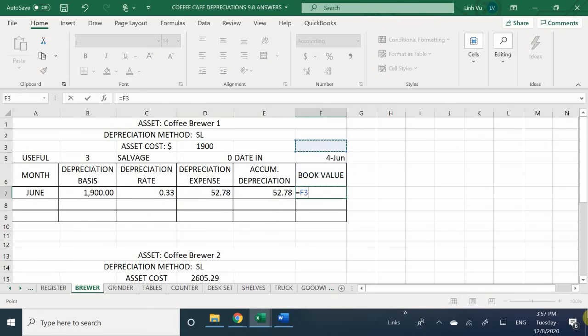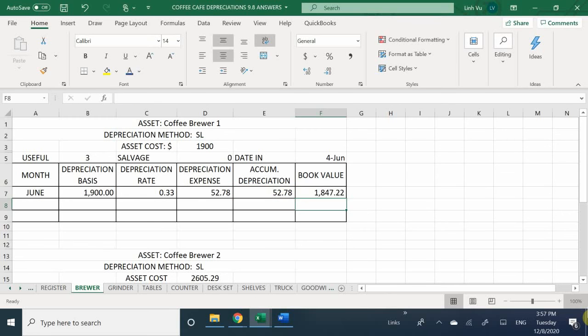And to solve for my book value, it equals your cost of the asset minus the accumulated depreciation. Okay. So it'll be this minus this, which gives us $1,847.22. Good.